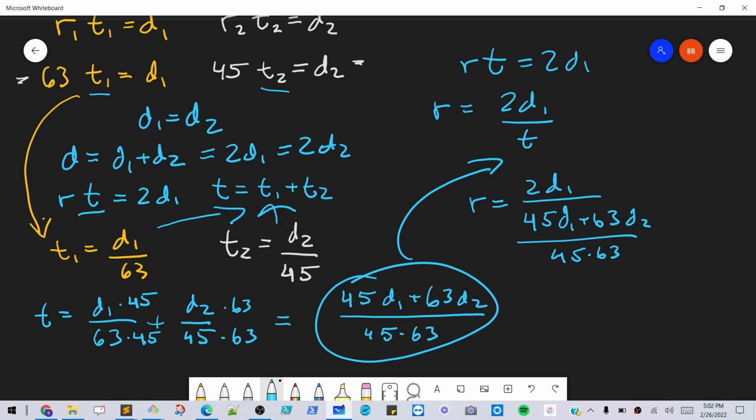and then I don't really like this fraction very much, so I'm just going to flip it because I can do that. And we'll bring this upstairs, so we're going to have r equals 45 times 63 times 2d1.